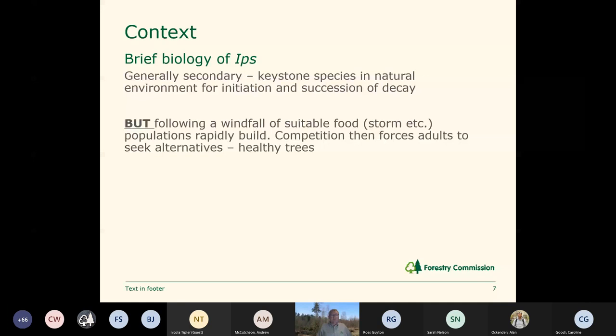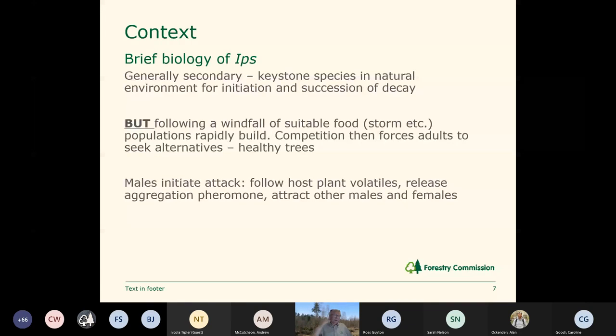So once they've got a foothold, they can very rapidly spread. The males initiate an attack, and they follow plant volatiles from the host trees, releasing an aggregation pheromone which attracts others, both male and female, to the party in effect. So trees that are stressed by wind or harvesting or damage are releasing lots of volatiles which attract the insect and provide the opportunity.